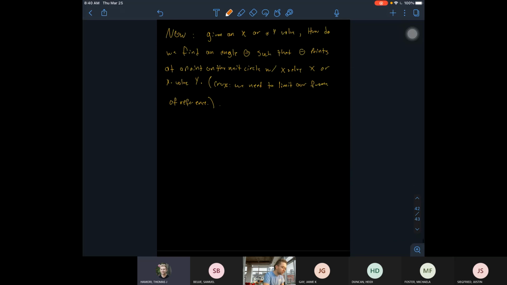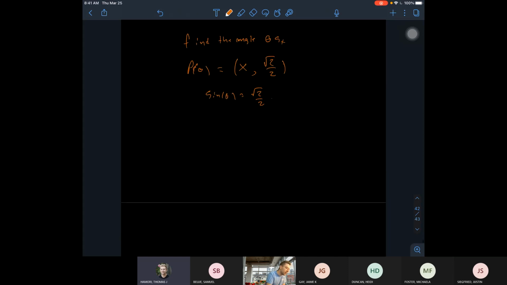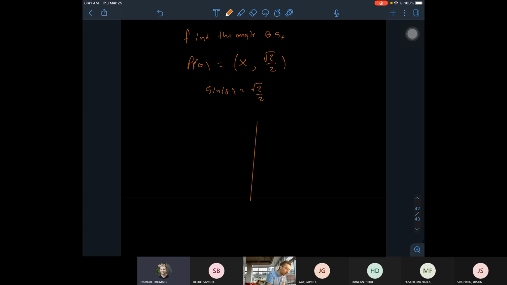And the reason that causes trouble is if I say, find the angle theta such that p of theta is equal to (something, square root 2 over 2), well, then you know that sine of theta equals square root 2 over 2. But you know that this happens in exactly 2 locations on the unit circle.